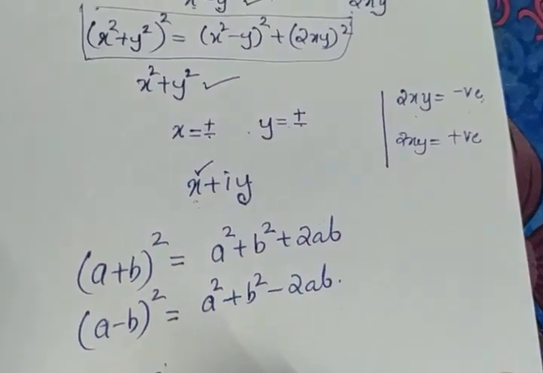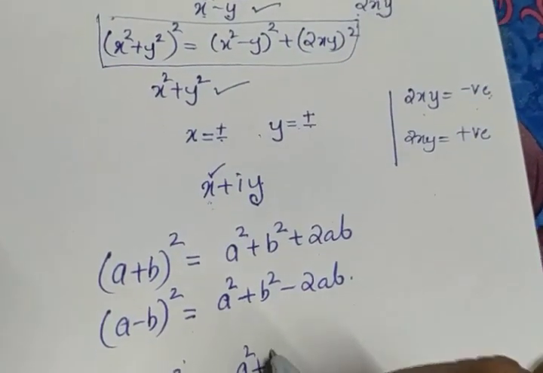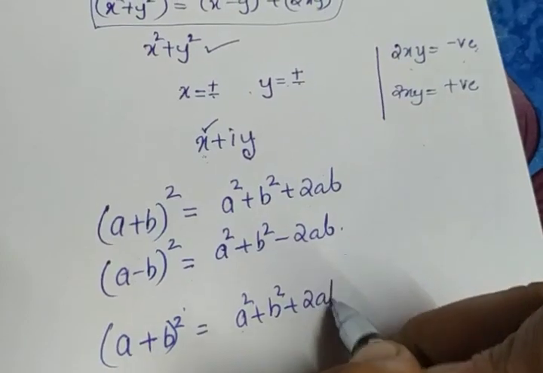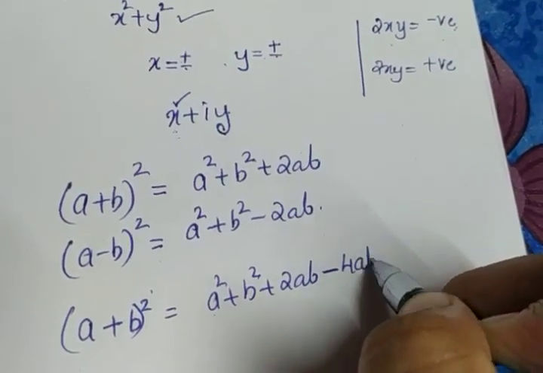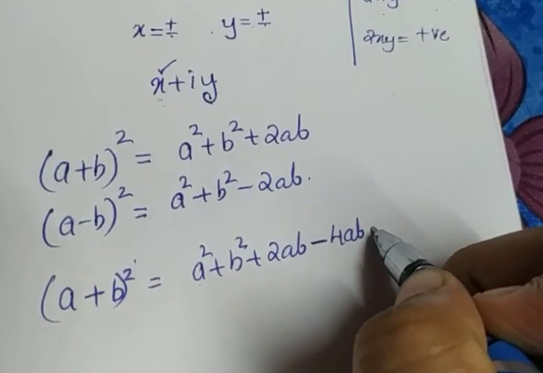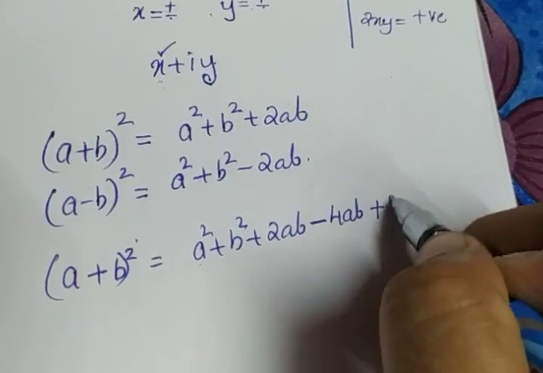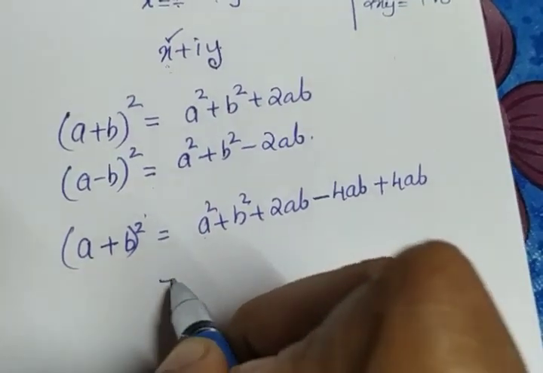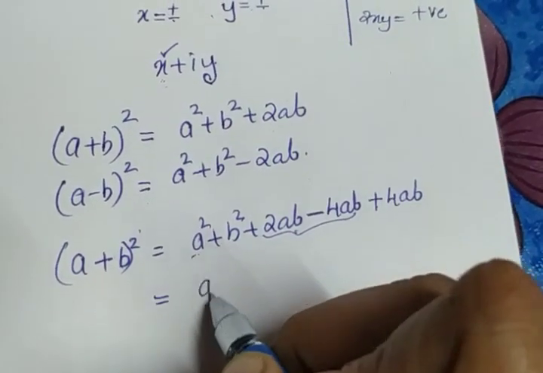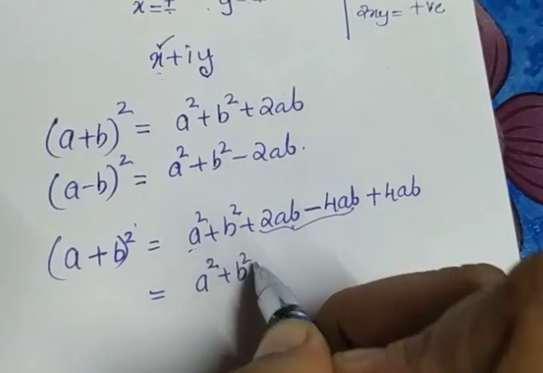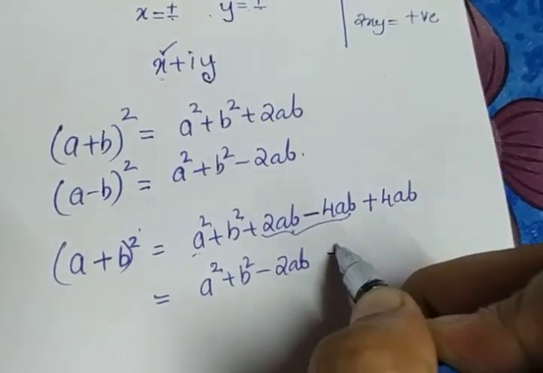A plus b the whole square is a square plus b square plus 2ab, isn't it? So if I am adding minus 4ab to the right side, I want to subtract that term also, so plus 4ab. I am simplifying these two values, so I am getting a square plus b square minus 2ab plus 4ab.